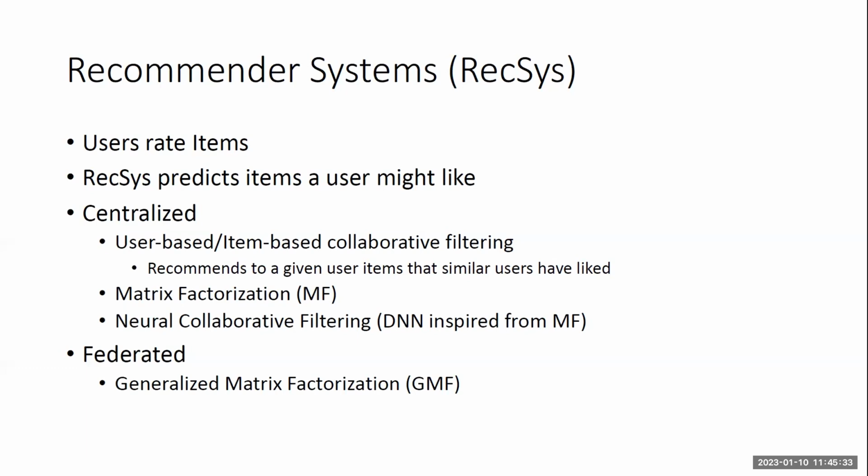So how does it work? You have users that rate items that they have consumed, and then the recommender system predicts items that a user might like. In a centralized environment, many algorithms are being used. The most basic and best known are collaborative filtering algorithms, where basically the algorithm recommends to a given user items that other users similar to him or her have liked, and that the user did not consume yet, right?